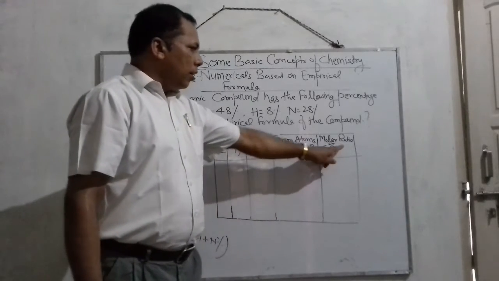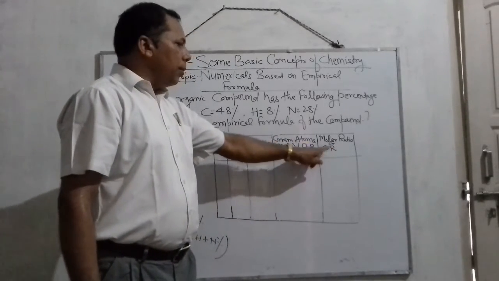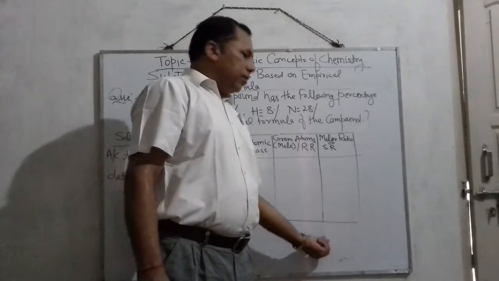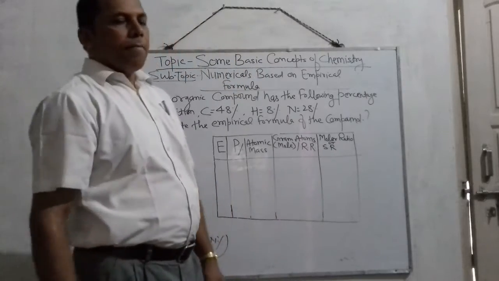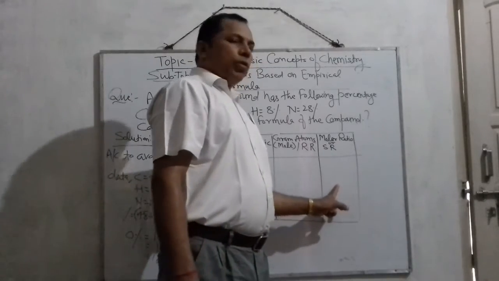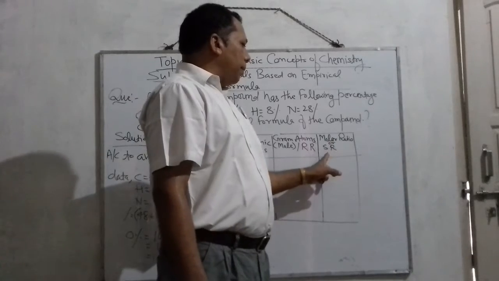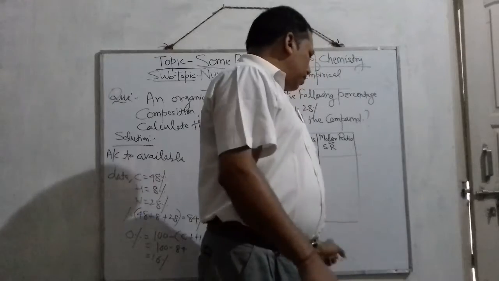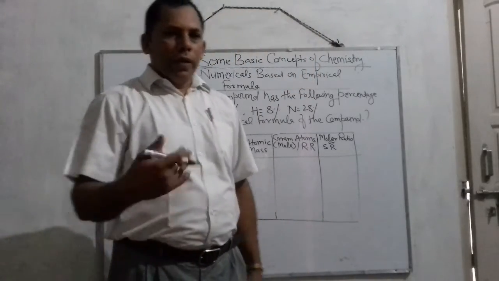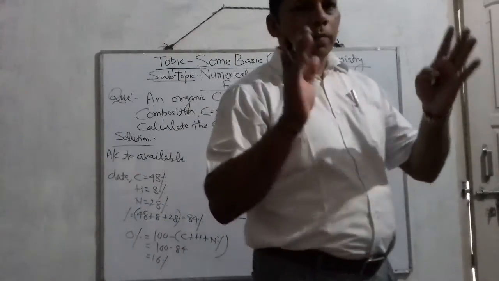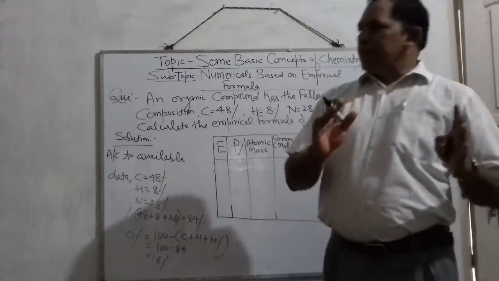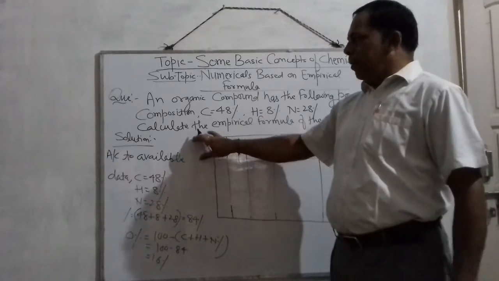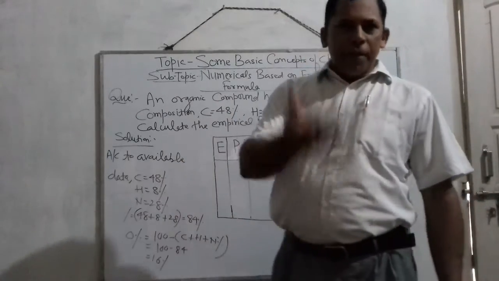Then you will get the molar ratio or simple ratio of the elements. Then write the symbols of the elements side by side and put the numerical value of the simple ratio at the right-hand lower corner of each element, and you will get the empirical formula of the compound. Students, this is the best way of determining the empirical formula.